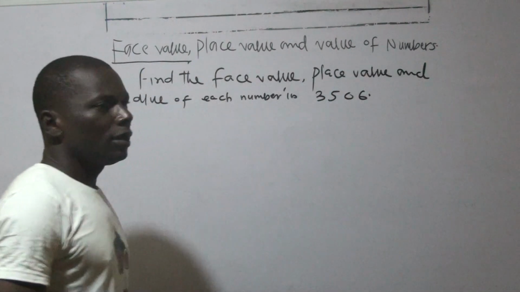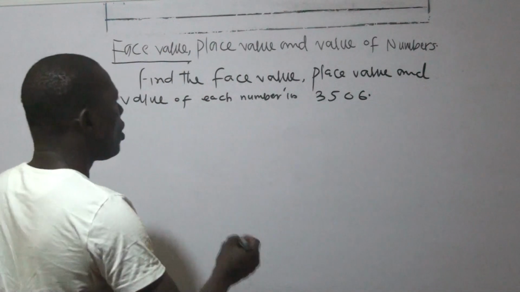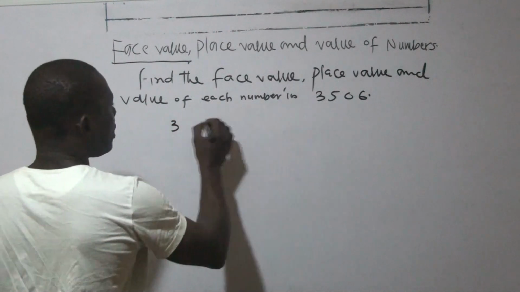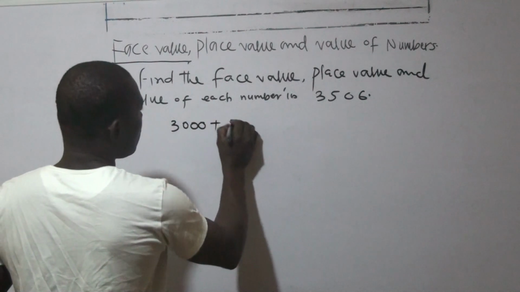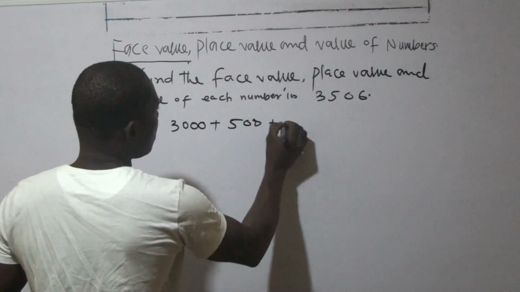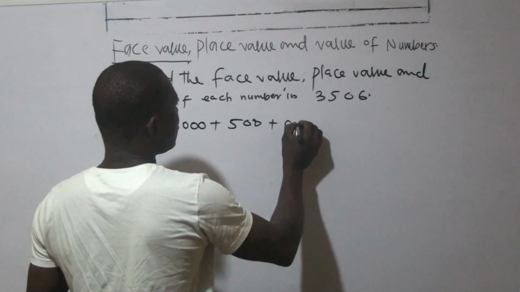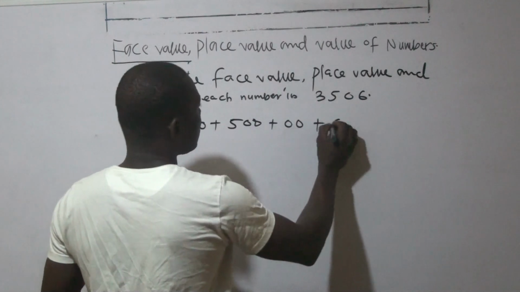Here is a number, and we can write it in expanded form. This is 3,000 plus 500 plus 0 tens plus 6.